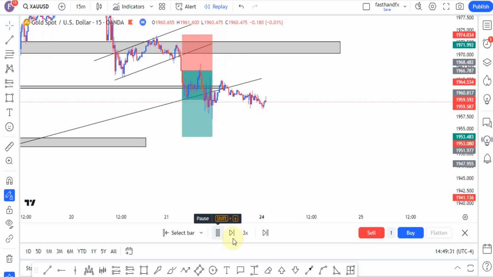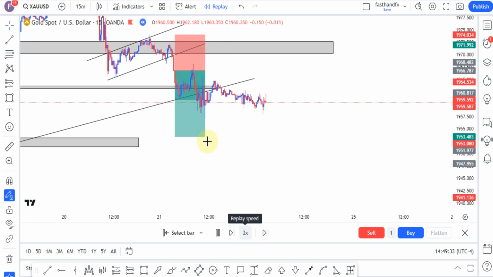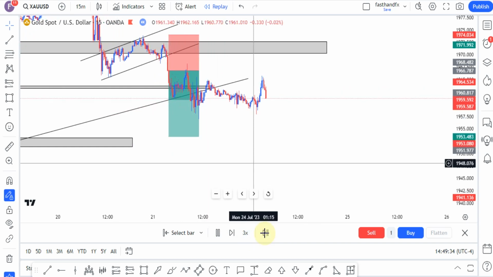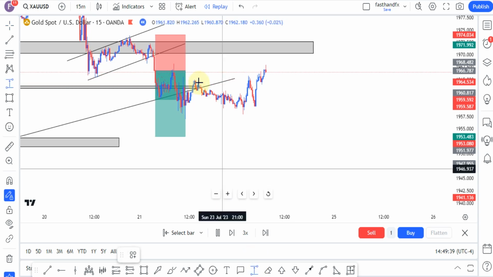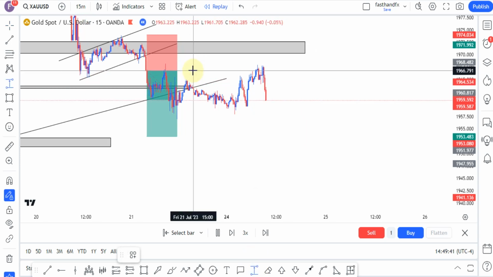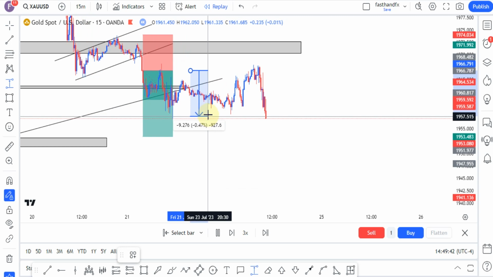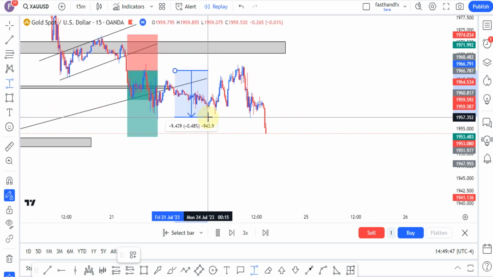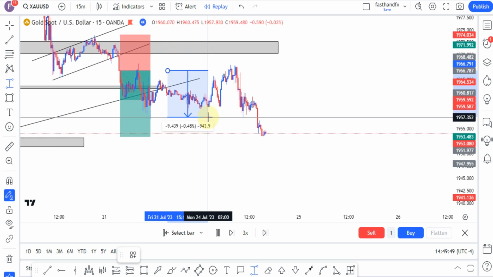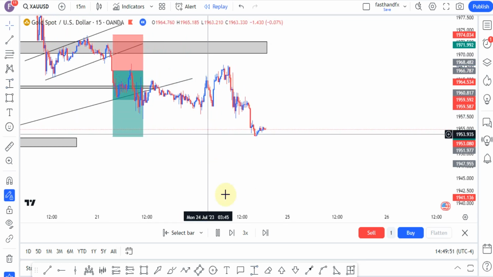Patience. So let's see what is happening there. As you can see already, the market has given us like 94 pips, guys, and I told you 94 pips is a lot, so you should always take that.